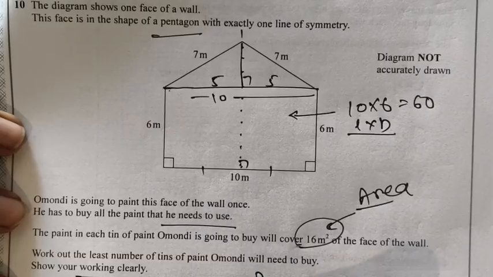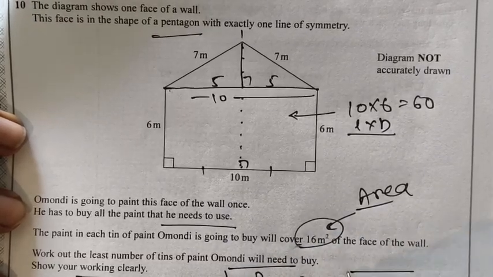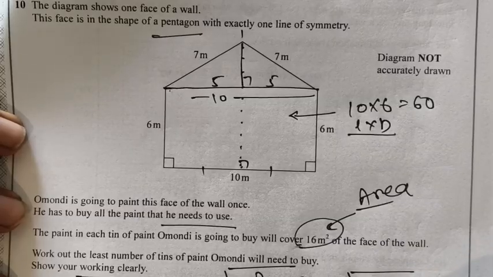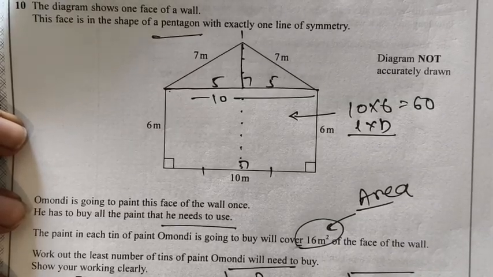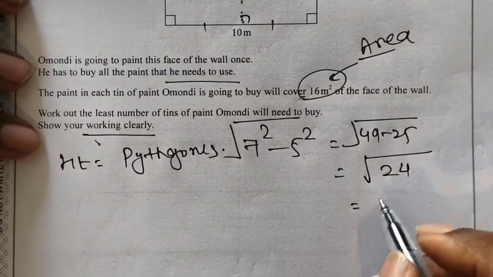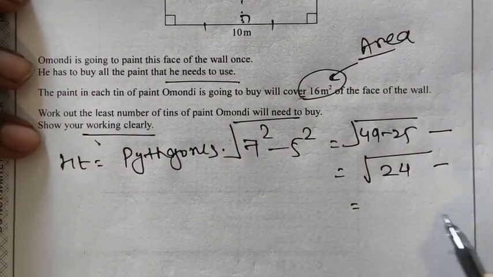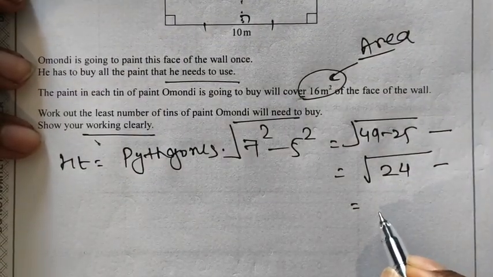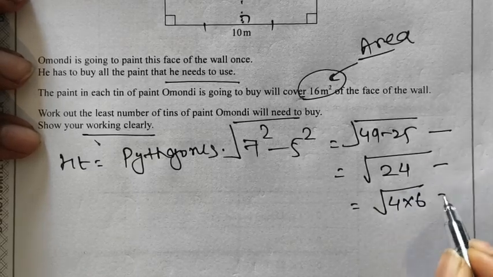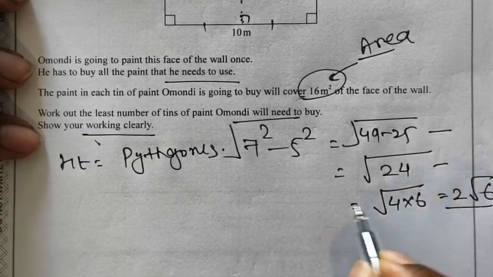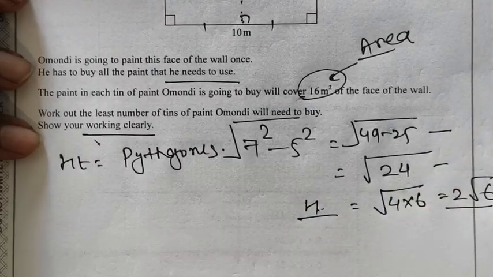which is 7 square minus 5 square, under root 49 minus 25, 24. 24 can be further written as 4 into 6, which can be written as 2 root 6, is the height of it.